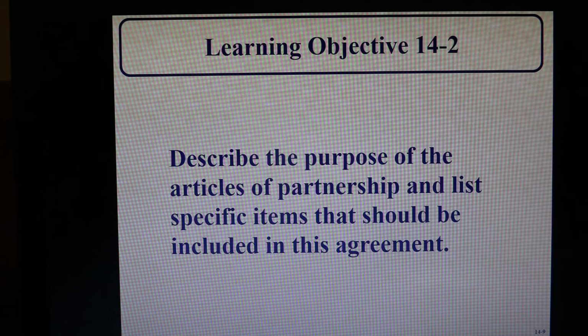And so there's a lot of flexibility here with these partnership agreements.